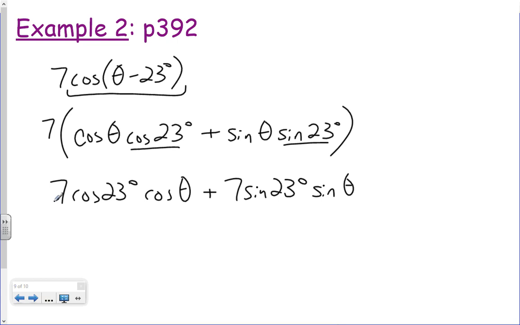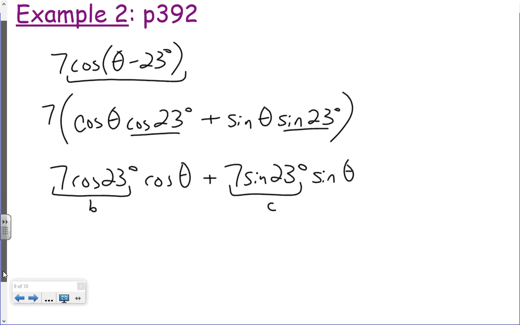And this right here and this right here are just numbers. You could call these B times the cosine of theta plus C times the sine of theta, just like we see with our linear combination property. So let's find out what B and C here are equal to.